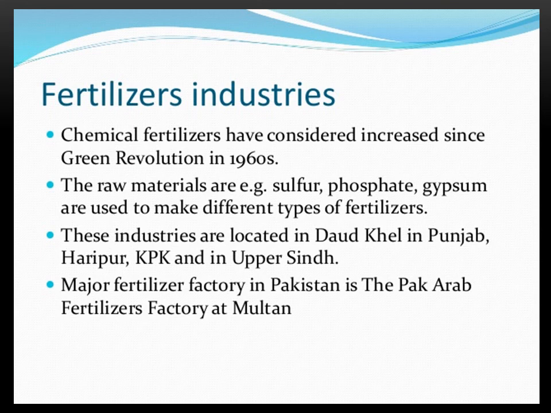Nitrogenous fertilizer is the most commonly used because the soils are deficient in organic matter. This is 92% of the total production. And after 1977, a number of fertilizer projects were completed. The Pak Arab Fertilizer Factory at Multan started production in 1979.